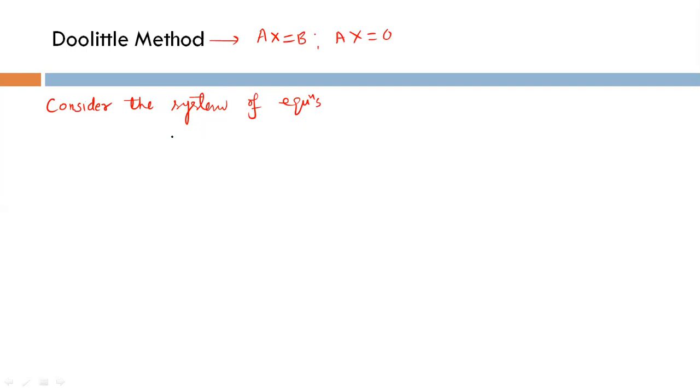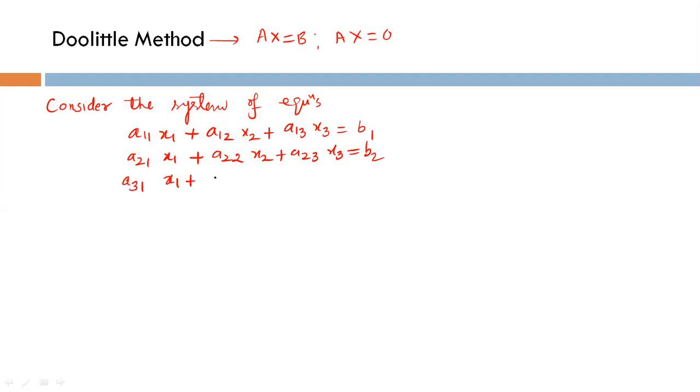That condition is based on matrix A, that all the principal minors must be non-singular. A11x1 plus A12x2 plus A13x3 equal to B1. A21x1 plus A22x2 plus A23x3 equal to B2. A31x1 plus A32x2 plus A33x3 equal to B3. One important point: A must be a square matrix.